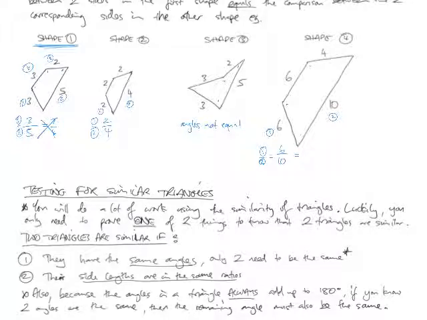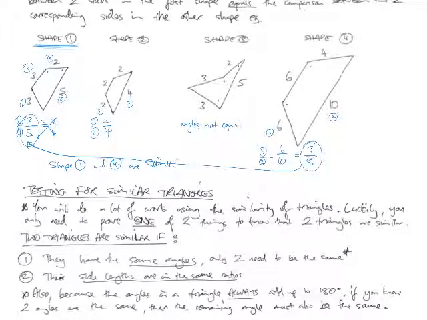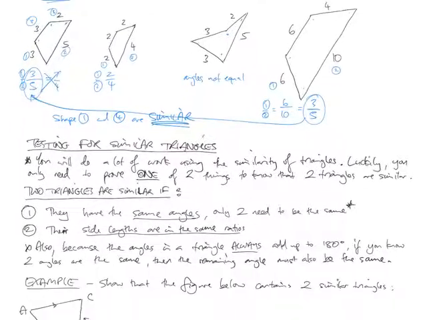Well, 2 goes into both of these, it cancels down to 3 on 5. So you'll see that the corresponding sides form the same ratios, so shapes 1 and 4 are similar. They have the same angles and they have the same ratio between corresponding sides.